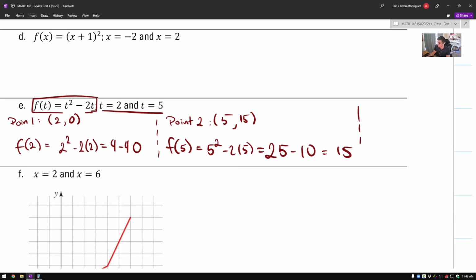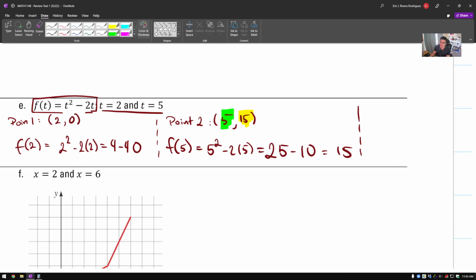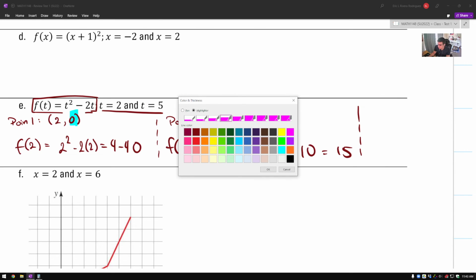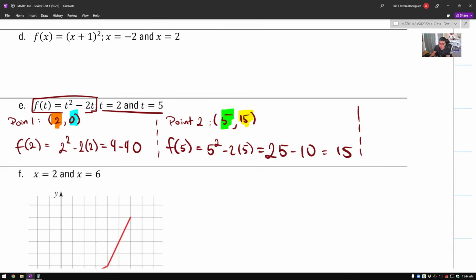Now that we have the 2 points, we're going to calculate the average rate. So 15 minus 0, and then 5 minus 2.